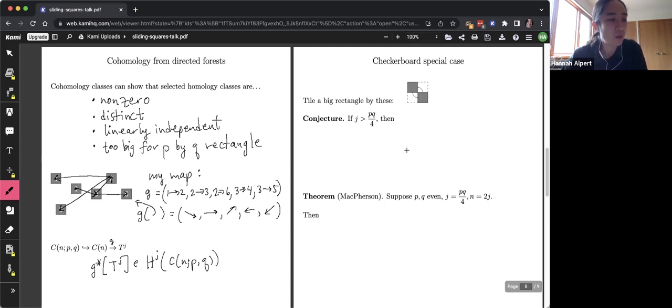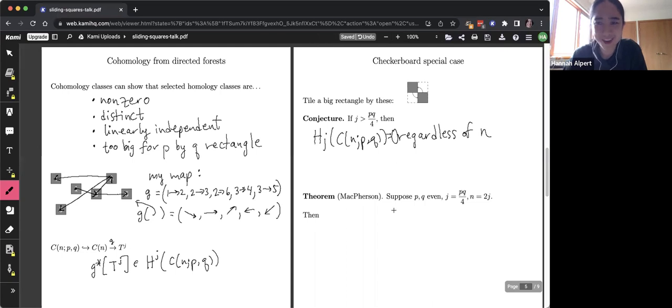Then what we don't know how to prove, but I feel really should be true, is that the Jth homology equals 0, regardless of n. And this is because if you try to draw a nested box cycle, it's going to be impossible for such a large J compared to the area.